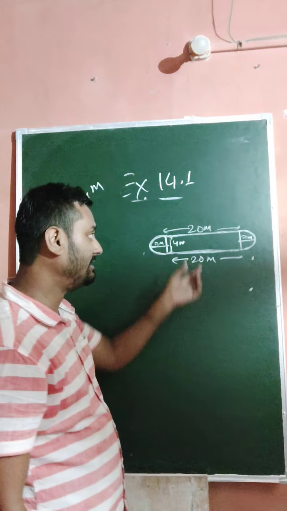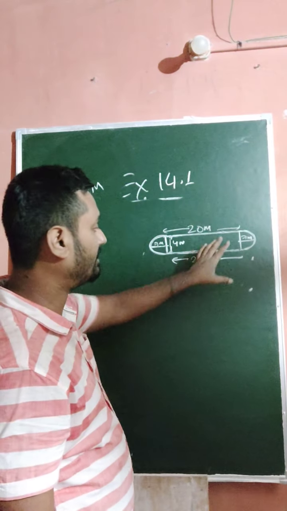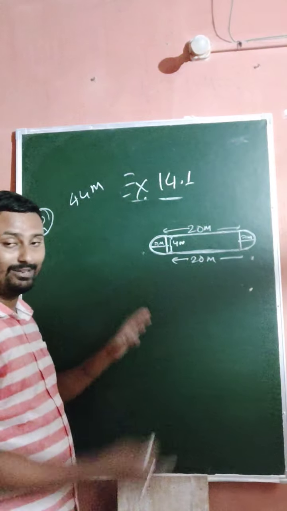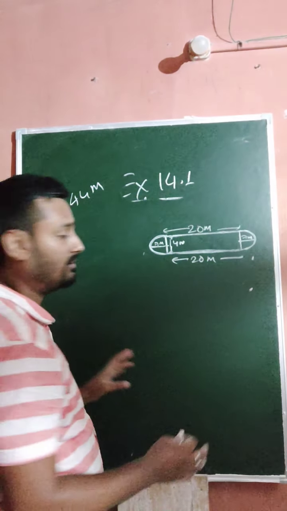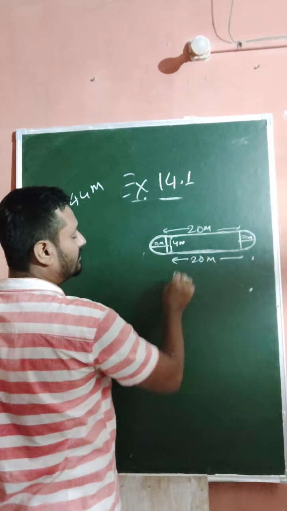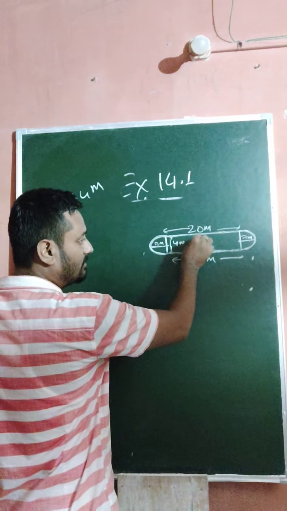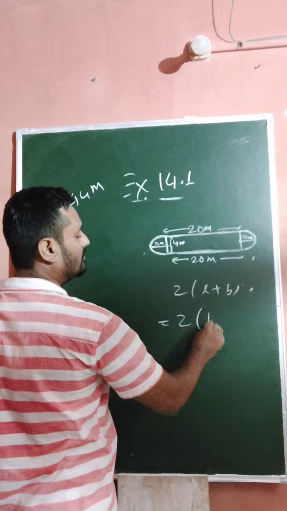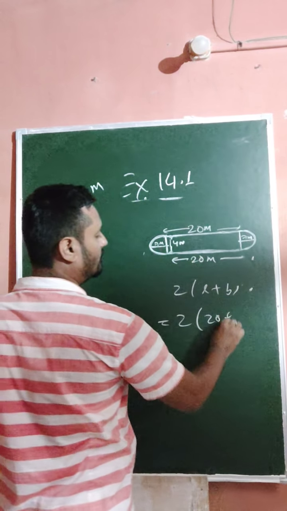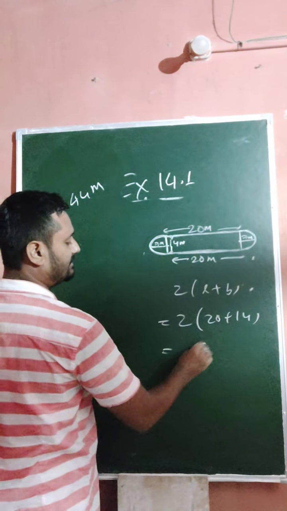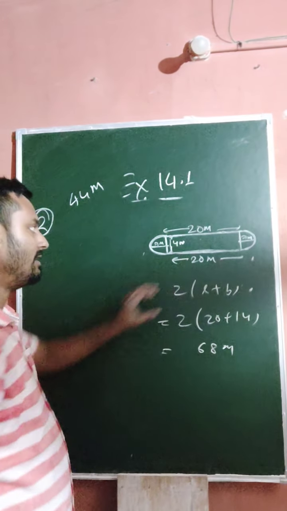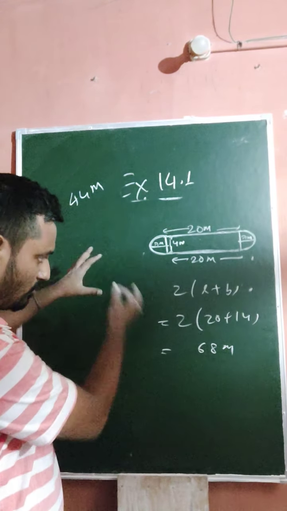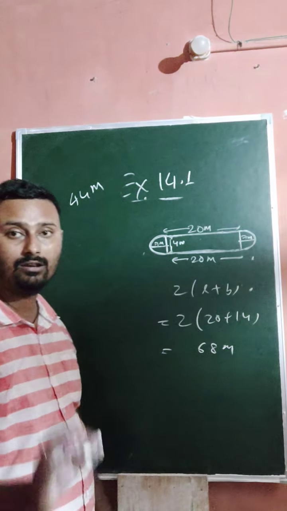But in case of perimeter, if you find the perimeter of the rectangle and the perimeter of the two semicircles and add them, then the answer will be incorrect. Suppose you find the perimeter of the rectangle, that means 2 into L plus B, 20 plus 14, that means 68 meters. If you add that to the 44 meters of the two semicircles, your answer will not be correct.